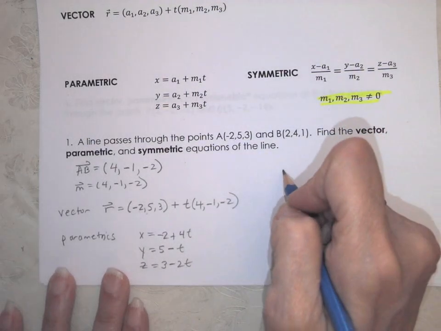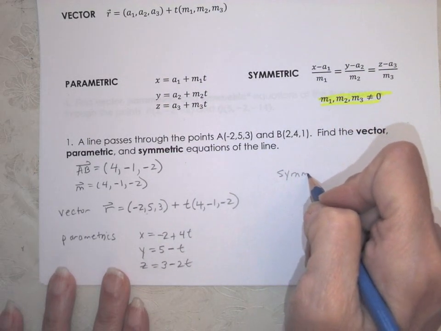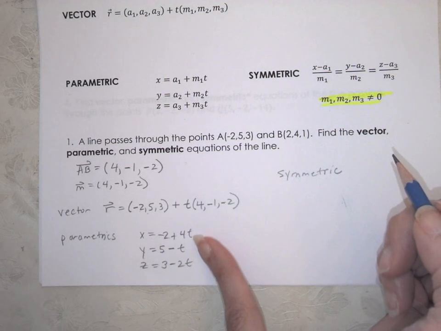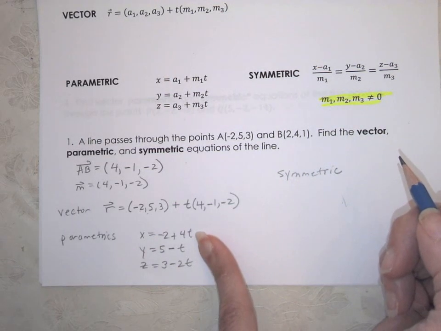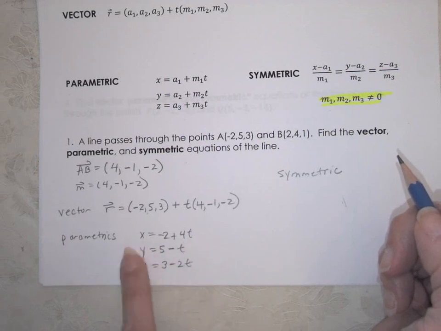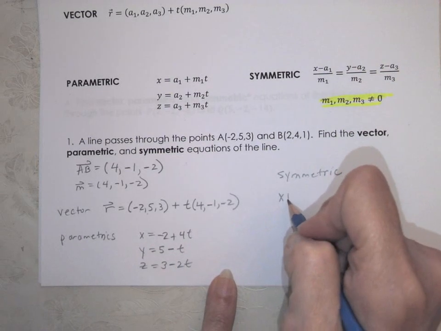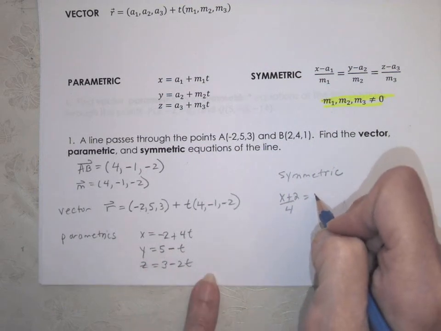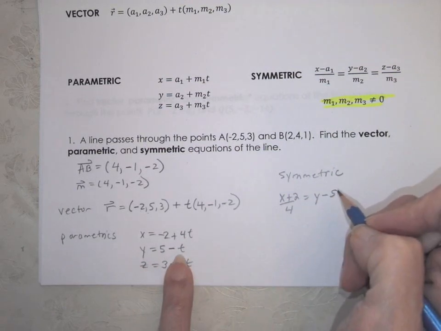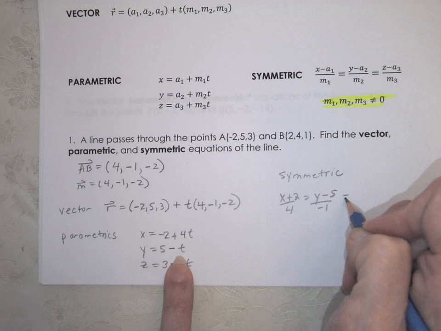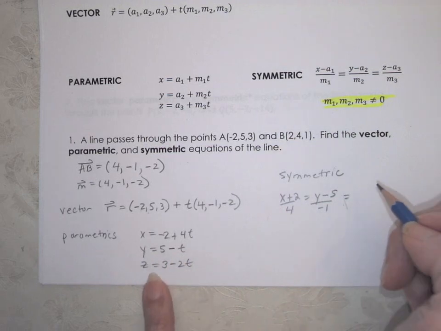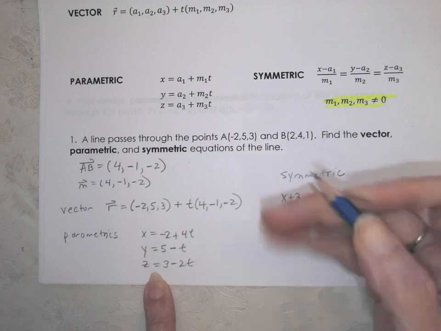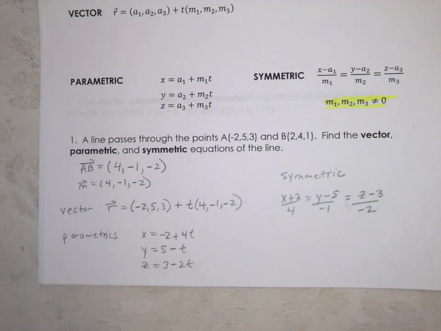And then to get the symmetric equations, remember you mentally solve for t in each of these. So here, if I solve for t, it would be x plus 2 over 4 equals y minus 5, if I got t by itself here, divided by -1, equals z minus 3 over -2. So there's our symmetric equation.